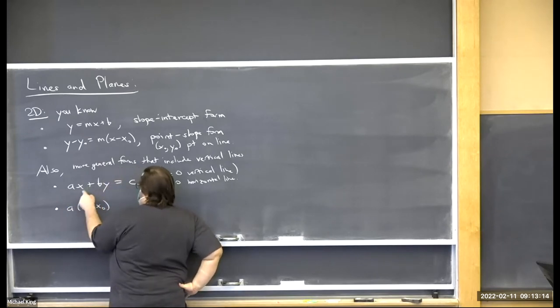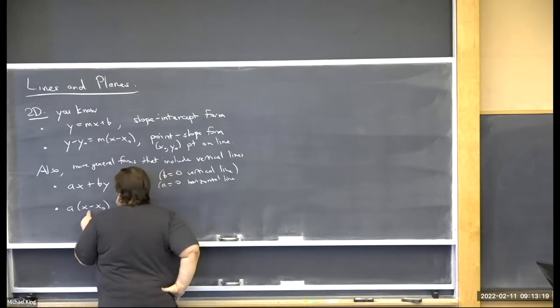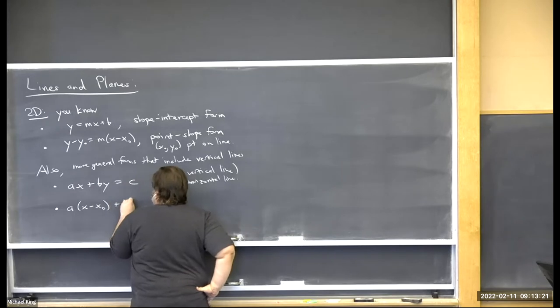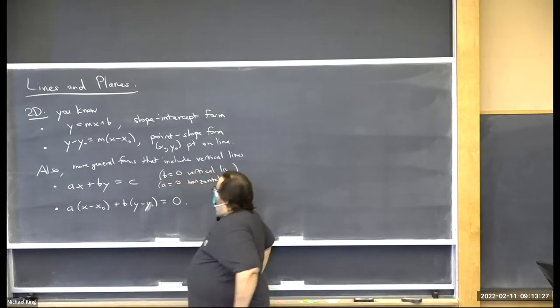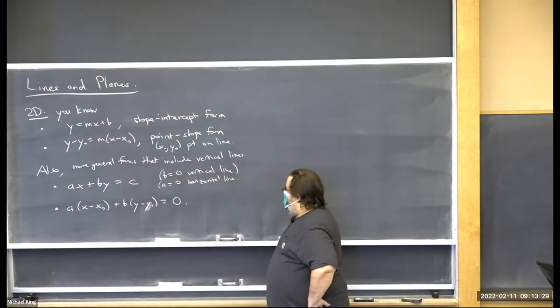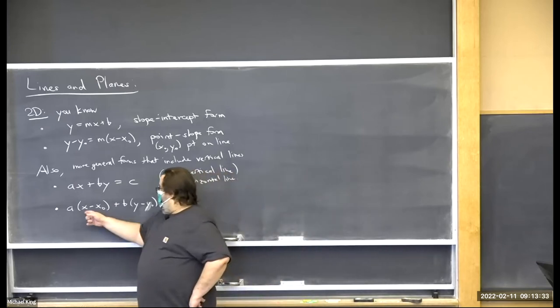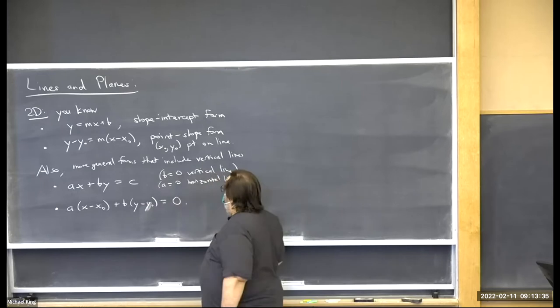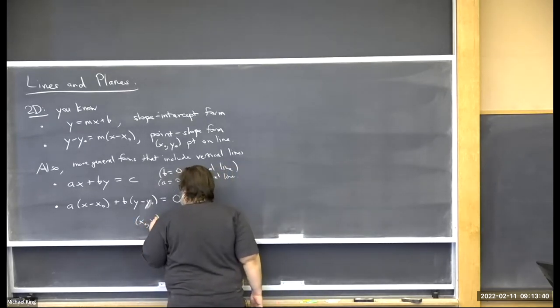Because this doesn't really tell you a point that it goes through, you'd have to find an x and y satisfying this equation, right? But if you do something like this, that's something that definitely goes to the point x naught comma y naught, right? If you plug in a specific point here, that'll give you 0. So yeah, x naught y naught is on the line.